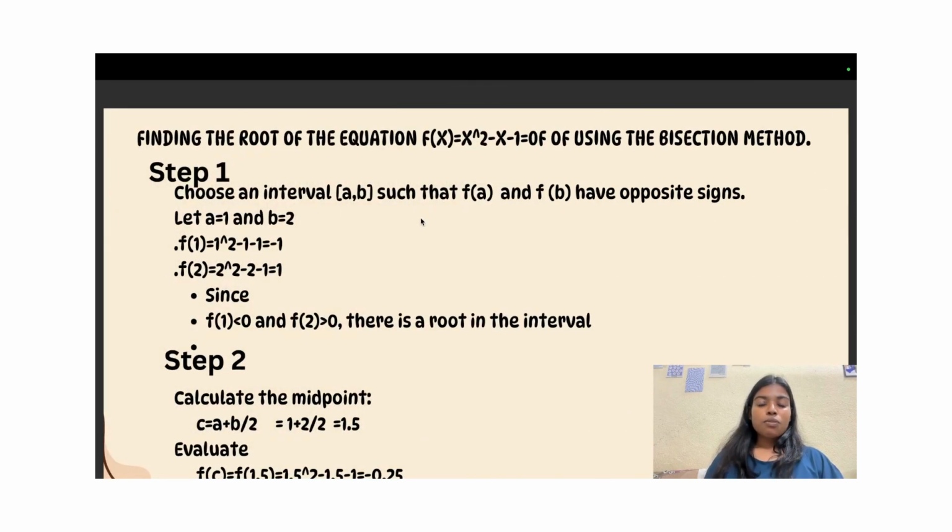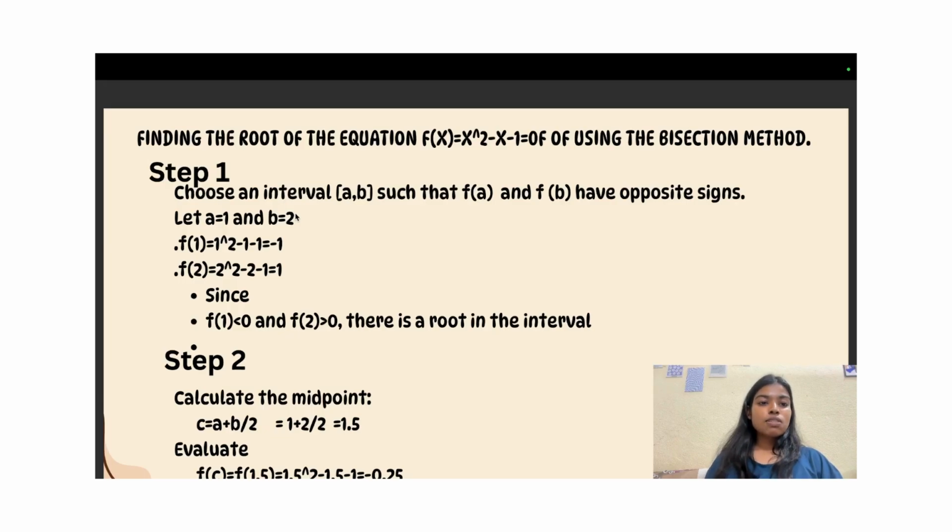First, let us discuss what the bisection method is. The bisection method is a bracketing method for finding roots of continuous functions. It repeatedly bisects an interval and selects the subinterval where the function changes sign. Step 1 is to choose an interval [a, b] such that f(a) and f(b) have opposite signs.